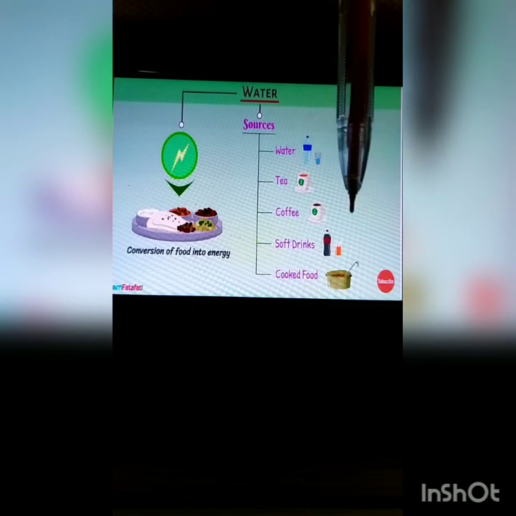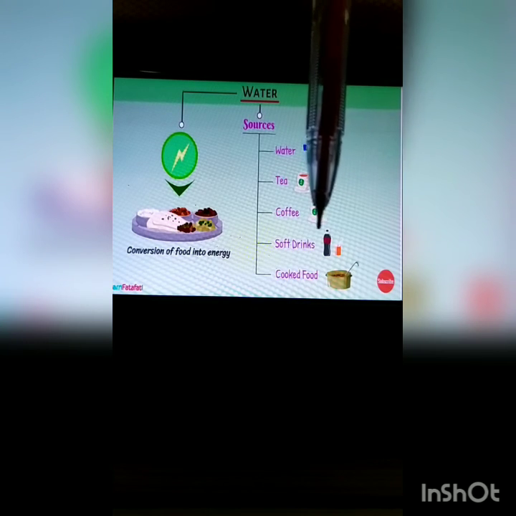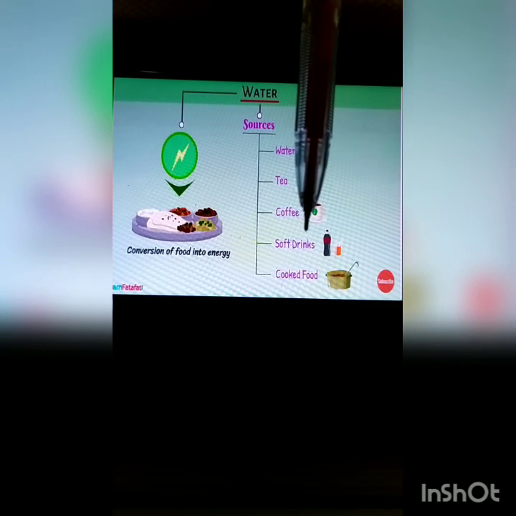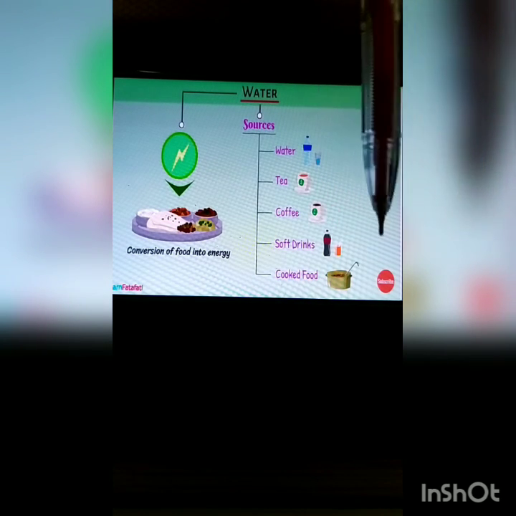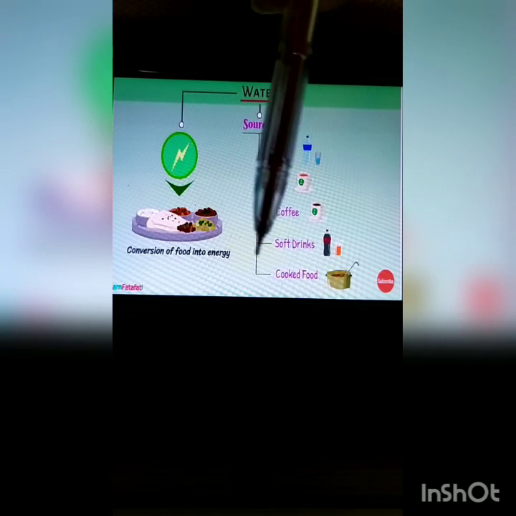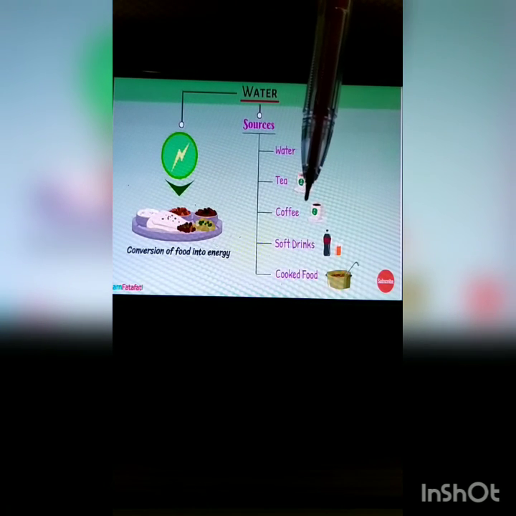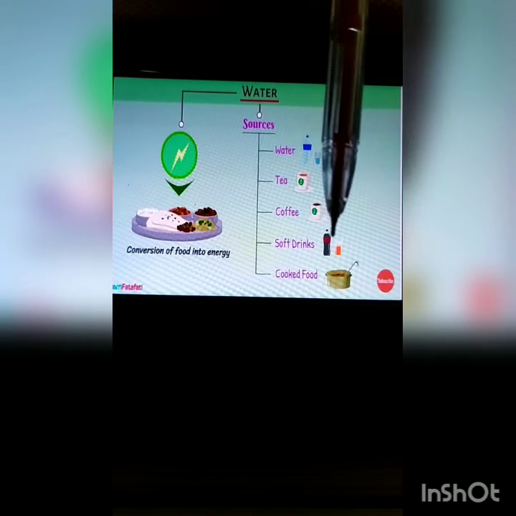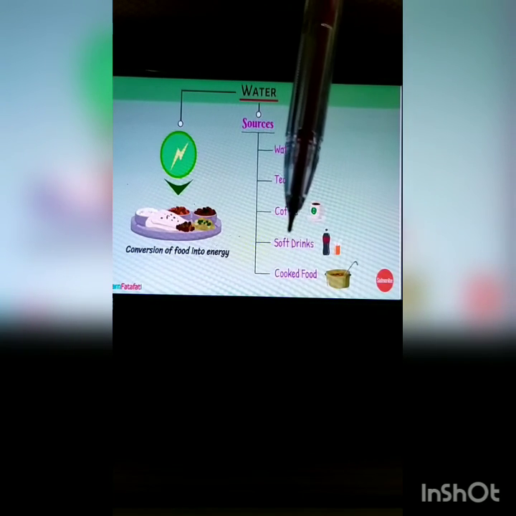To some extent our body's needs are met by this water. Apart from this, we also add water while cooking most food items. Water is very important for our body, as most of our body is made up of water. So we should drink plenty of water during the day.